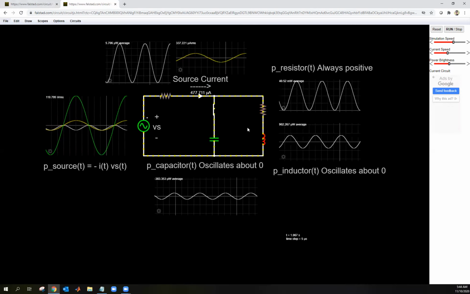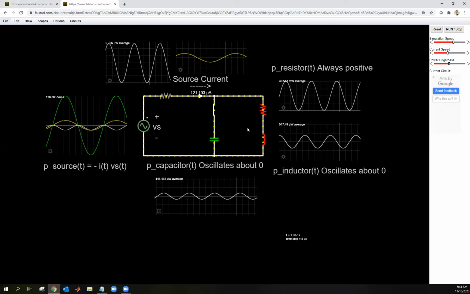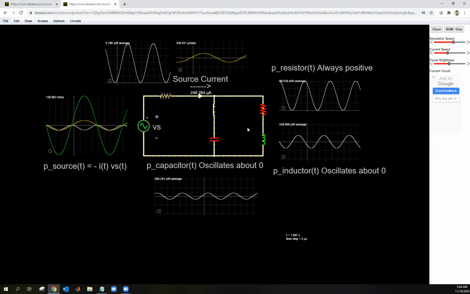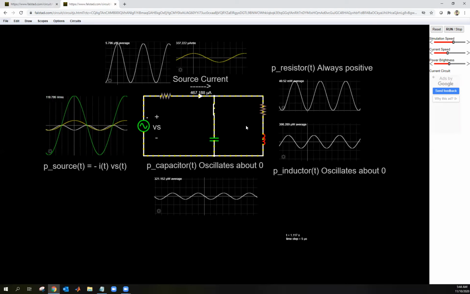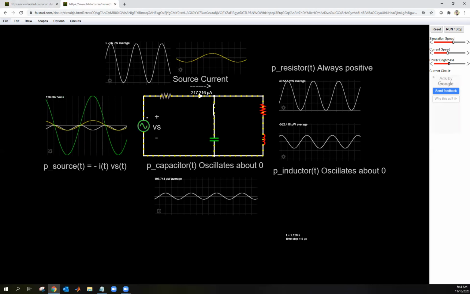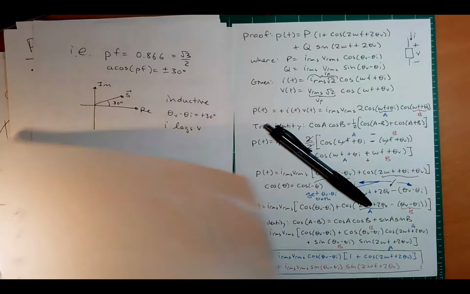All right, so now let's go back and look at the proof of why that instantaneous power is what it is. If you want to check out at this point, go ahead. If you're still curious, I'll go back to the document cam and walk you through it. Okay, so stop share. Let's look at this guy.